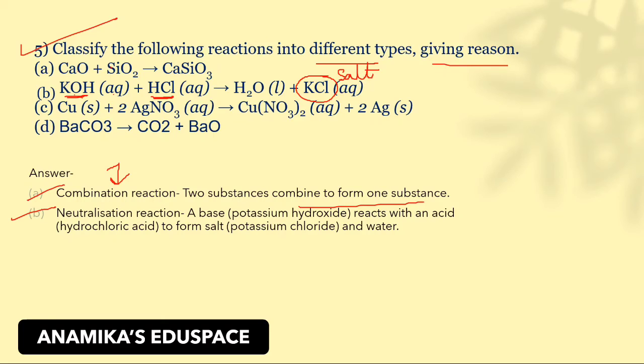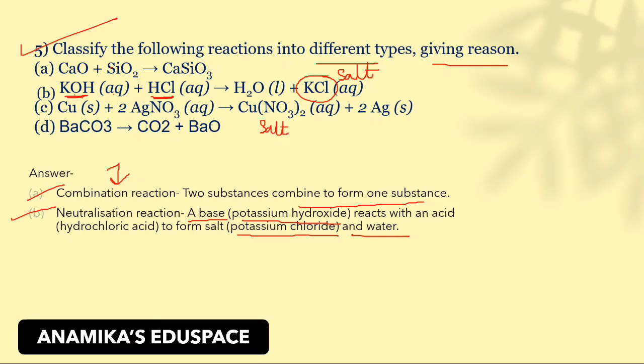As you can see here, neutralization of base, that is potassium hydroxide, reacts with an acid which is hydrochloric acid, that is HCl, to form a salt, that is potassium chloride, that is KCl, and water. Clear? Now next is, you can say solid plus aqueous is forming another salt.